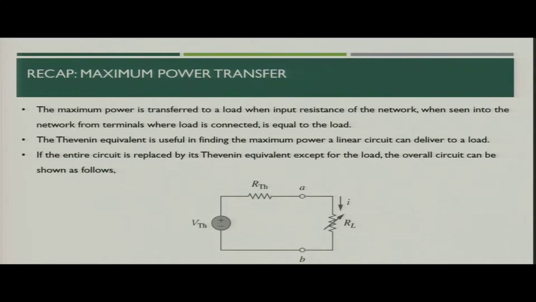Before going to the dependent source condition, let us try to understand what we discussed in the previous class. We discussed the maximum power transfer theorem. We said that the maximum power is transferred to a load when the input resistance of the network, seen from the terminal where the load is connected, is equal to the load.